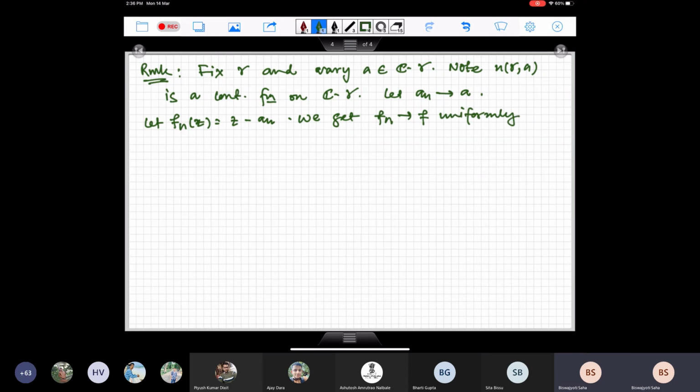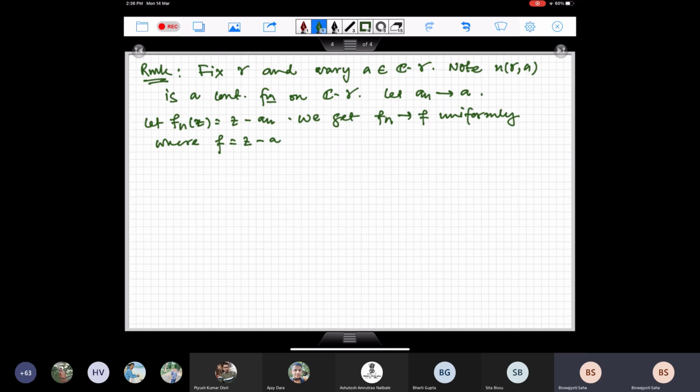In fact, uniformly on the whole of C, or C minus gamma, whatever you want to take, where f is z minus a. Okay, so this is just a triviality. You just take the difference of f_n and f, and it is going to be the difference of a_n and a. And anyway, the uniform convergence is, as I said, on the whole of C.